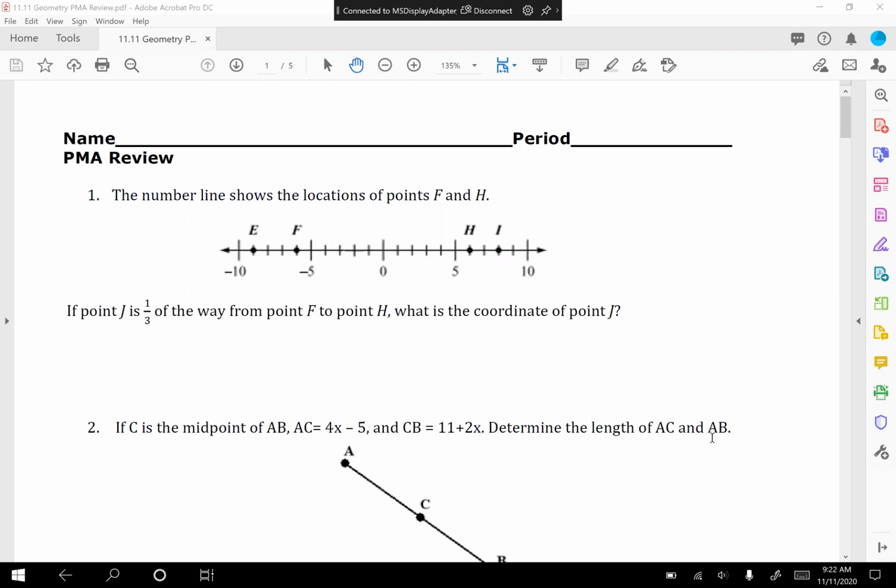Number 1, it says the number line shows the locations of points F and H. If point J is 1/3 of the way from point F to H, what is the coordinate of point J?